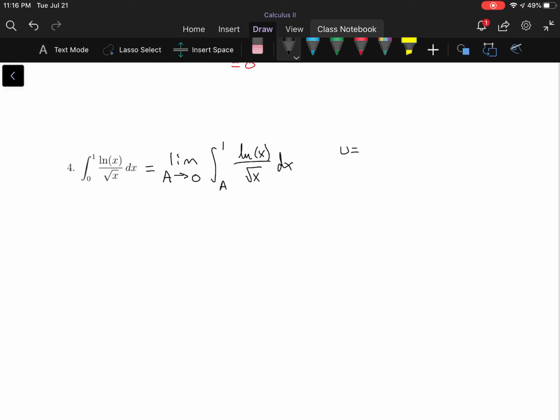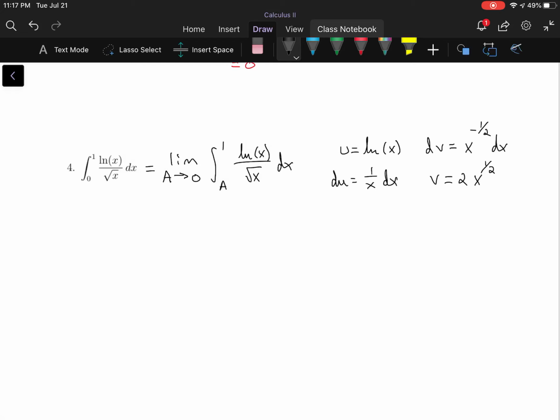So looking at this, it looks like integration by parts might be our way to go to solve this. So I'm going to let u be the natural log of x, and dv is x to the -1/2 dx, which means that du is going to be 1 over x dx, and v is going to be x to the 1/2 over 1/2, or multiplied by 2.